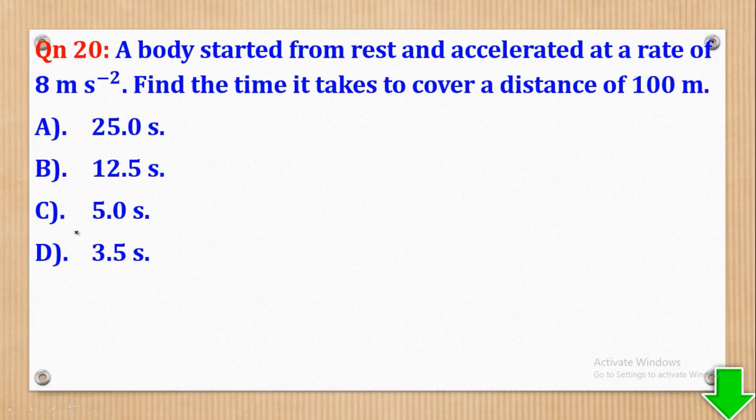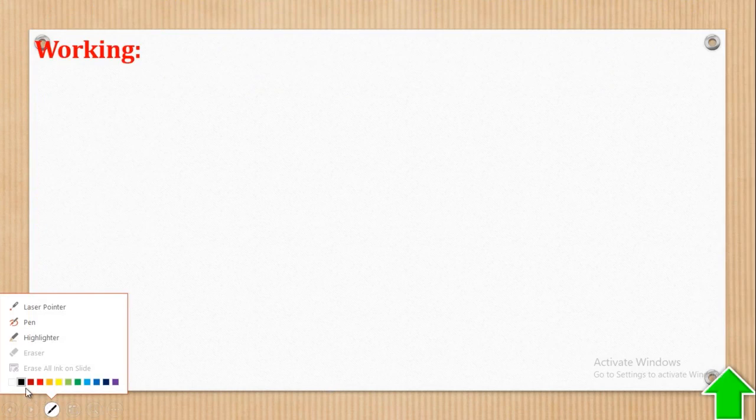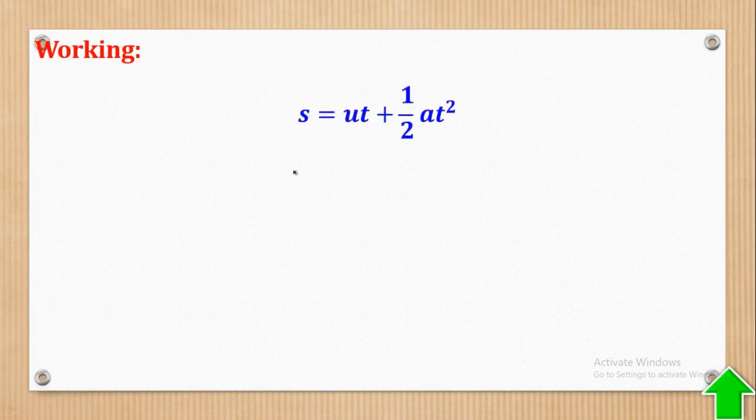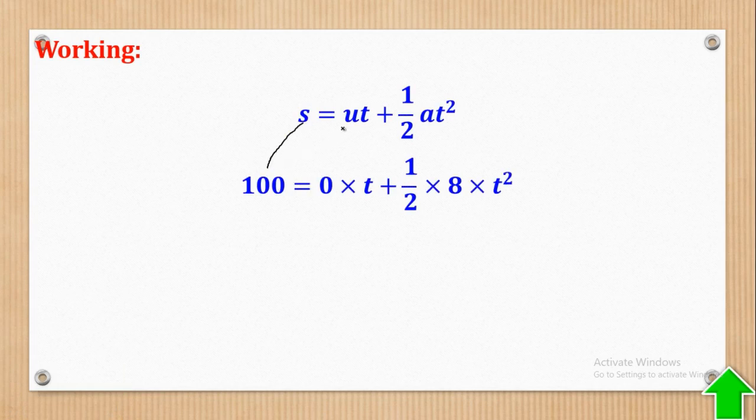So we need to do some calculation to come up with the correct option. From the second equation of motion, the distance was 100, initial velocity was 0, acceleration was 8, time is what we want. So 0 times t is 0, so we come up with 100 equal to 4t squared.